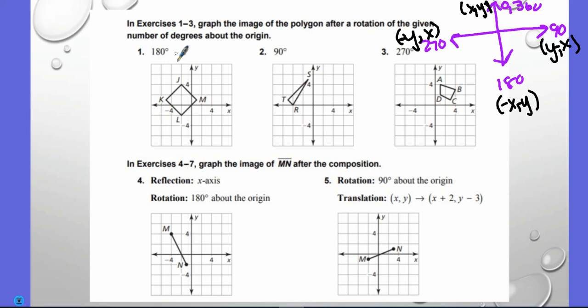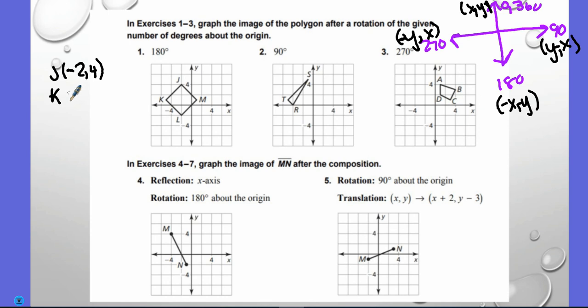Okay, so this told me to rotate this figure 180 degrees, and we're just going to go clockwise. 180, the direction doesn't matter, but it does matter with 90 and 270. So here we go. I'm going to write down my ordered pairs. So my J, this is going by 2s. Yep. So I'm going to say -2 and 4.